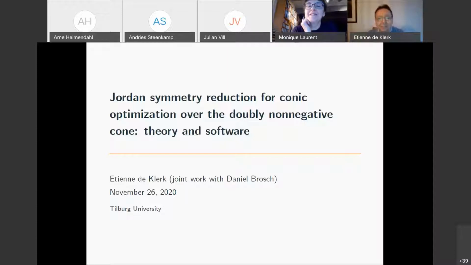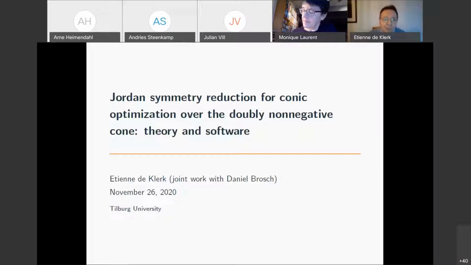So this might seem a bit strange, but there is a reason why I wanted to talk about this topic, and that is because we had these nice Poema days, and one of the series of talks was by Cordian Riener, who spoke about symmetry reduction for polynomial optimization problems, but also more generally for conic optimization problems. And he focused on how to exploit the group representation theory.